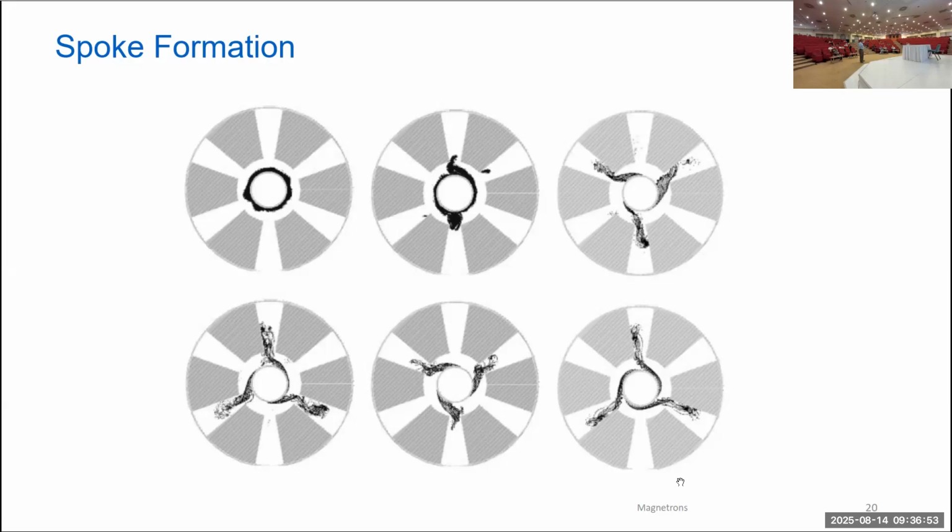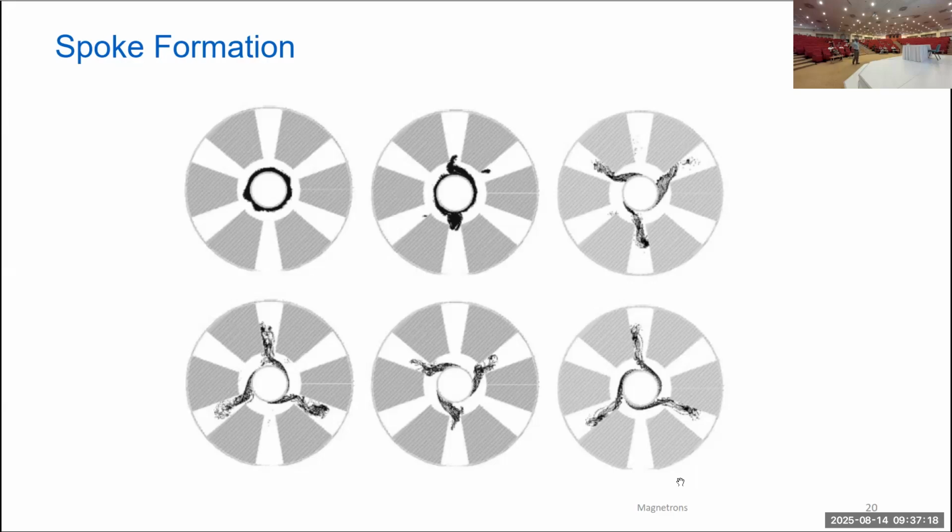And this spoke is forming in every alternate cavity. At first, this one will be the spoke, then it will move, and now this cavity is empty and the spoke has moved here. Next, this part is moved here, and this part is moved here, and so on.